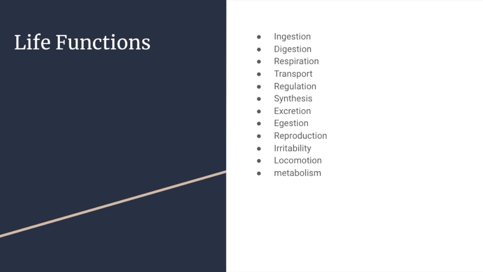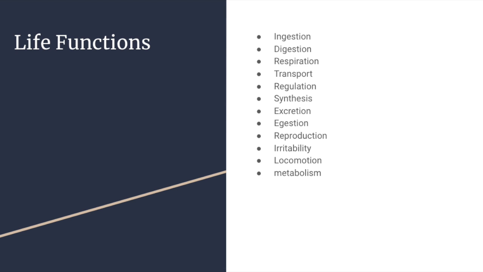Life functions. A characteristic of all cells is that they carry out certain life processes. They include ingestion, which is the intake of nutrients, digestion, which is enzymatic breakdown, hydrolysis of food so it is small enough to be assimilated by the body, respiration, which is metabolic processes that produce energy, ATP for all the life processes.